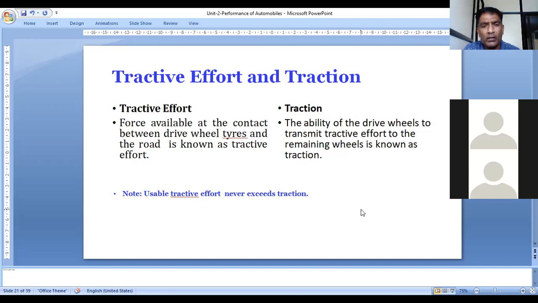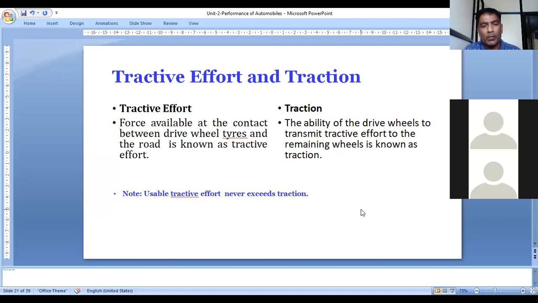In a front engine rear wheel drive, tractive effort is available at the contact between rear wheels and the road, and the ability of those rear wheels to transmit the available force to the front wheels is the traction.